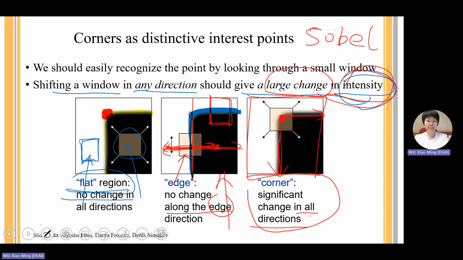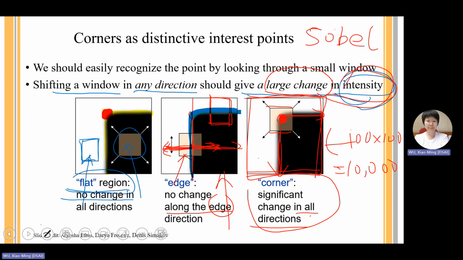How to identify, for example, this corner point? Let's say the size of this image is 100 by 100. Then there are 10,000 pixels, and we want to identify those pixels which represent corners.